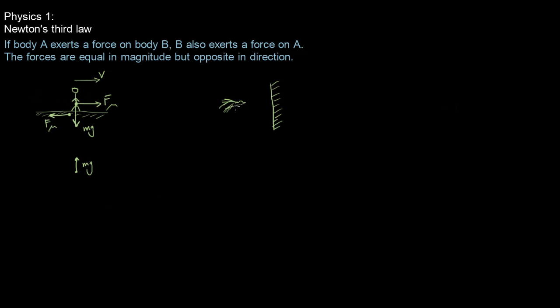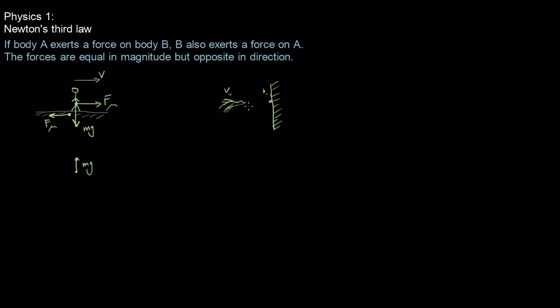Now let's say there is a bird moving toward a wall and it hits the wall at some point. So in that time, since the bird is stopped from velocity, let's say v naught, it stops, so velocity becomes 0.